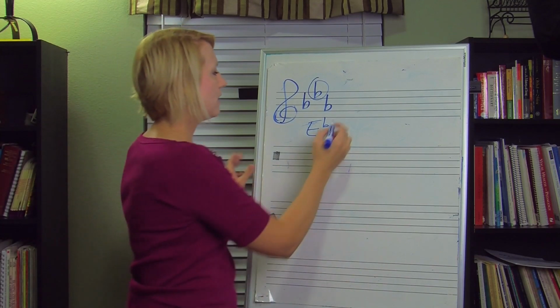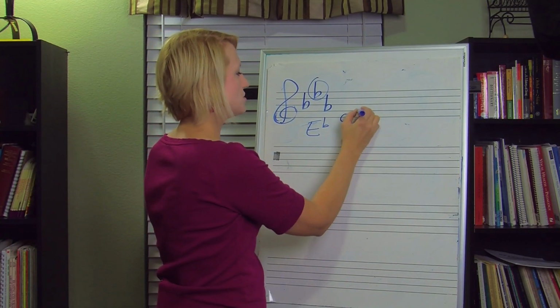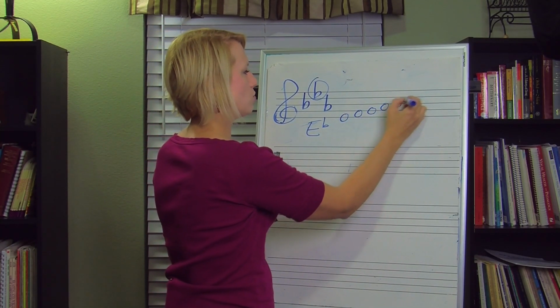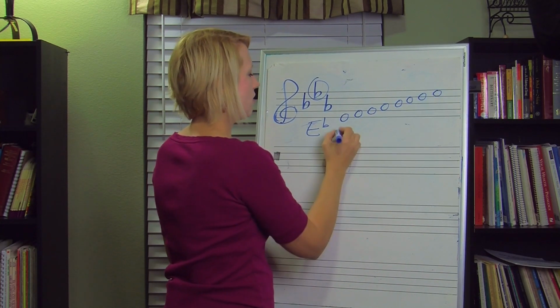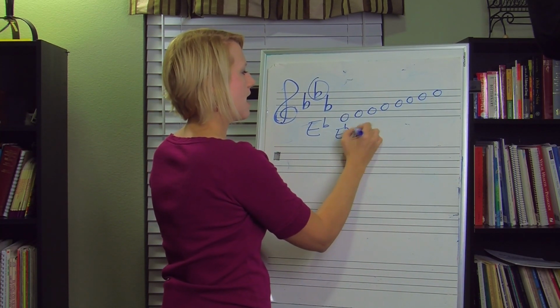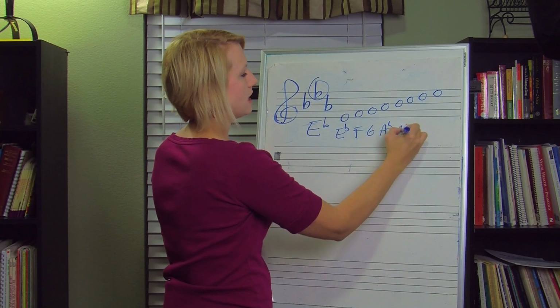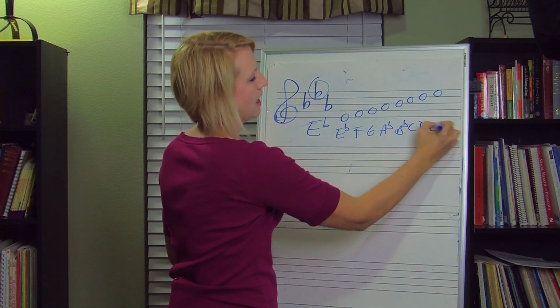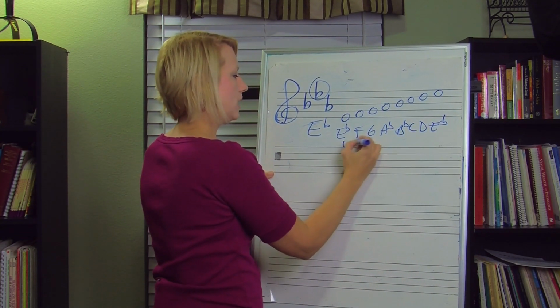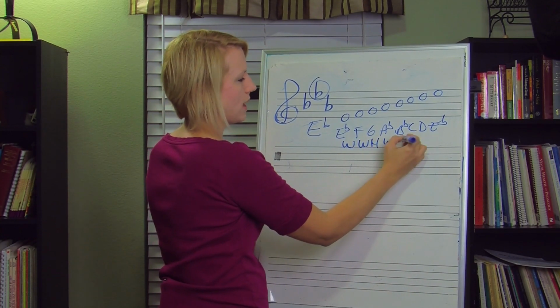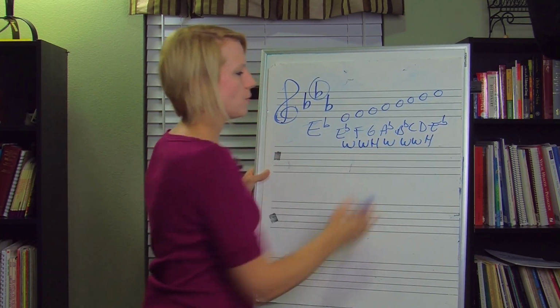Now, the way that the minor scale works, let me show you here real quick. If we have E flat, F, G, A flat, B flat, C, D, and then E flat. We walked home when we walked home.